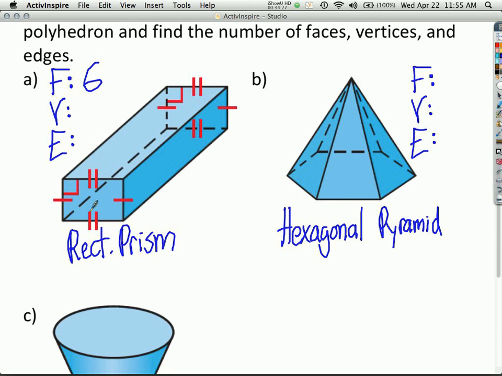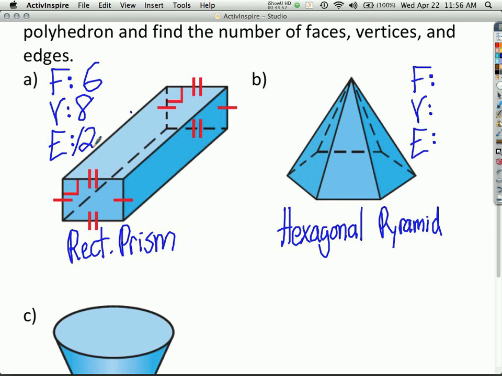Sebastian, how many vertices did you count? 8. 1, 2, 3, 4, 5, 6, 7, 8. There are 8 vertices. What about edges? How many edges? Eric? 12. 1, 2, 3, 4, 5, 6, 7, 8, 9, 10, 11, 12. Yeah, there are 12. Does Euler's theorem hold true?